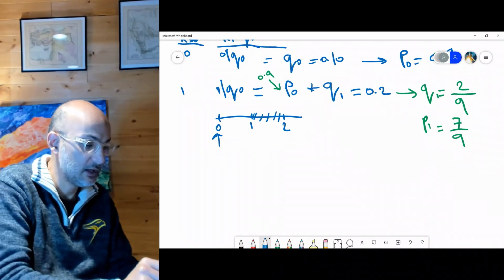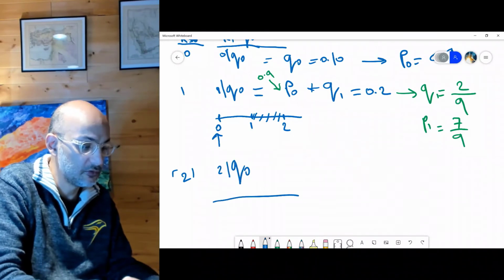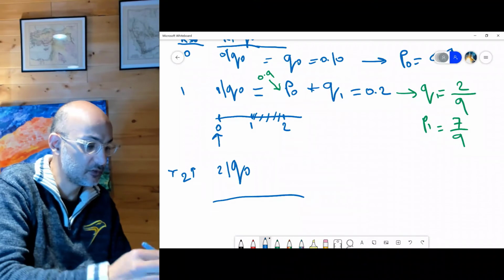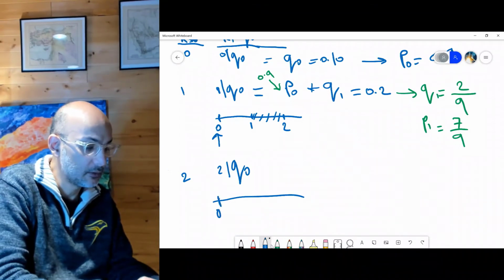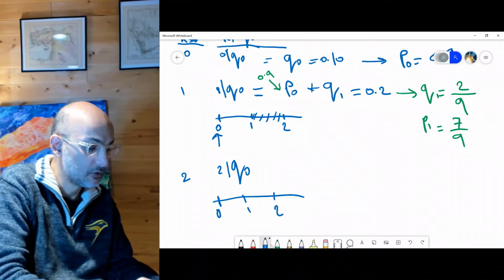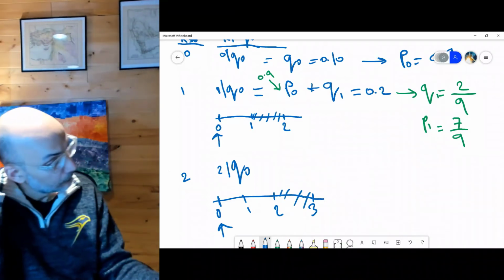Now let's say we take another one. 2Q0. If you visualize it, when K equals 2, you are here, and you want the death to occur between 2 and 3, right?